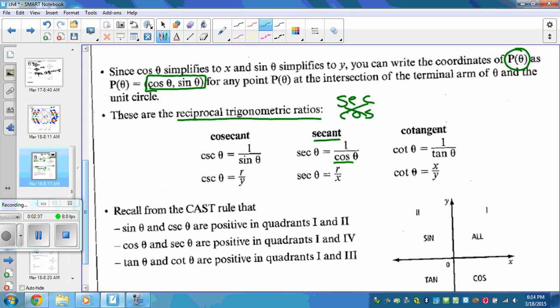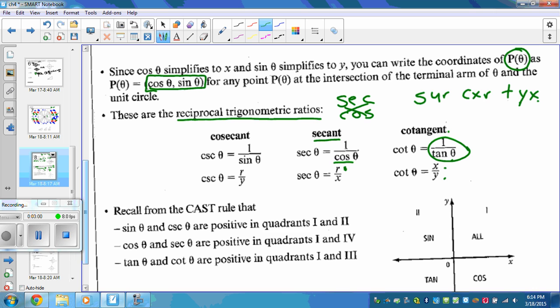Secant is the same as 1 over x because our radius here is 1. And then cotangent is the reciprocal of tangent. So instead of being y over x, it is x over y.